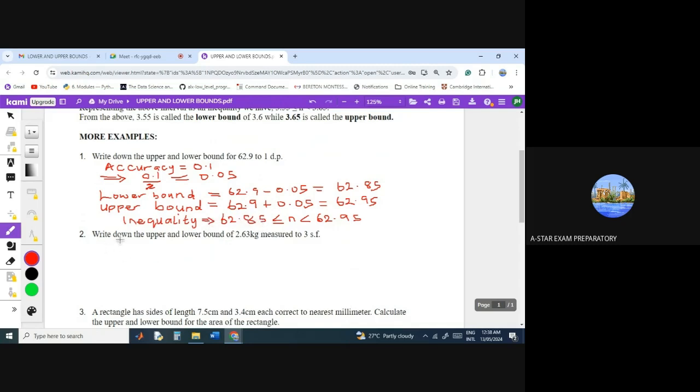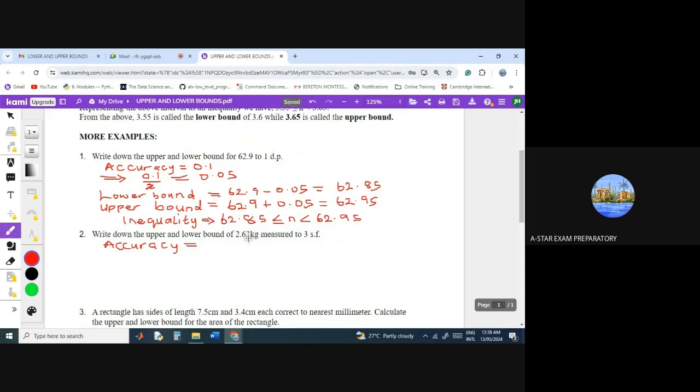Okay, let's look at number 2. We are asked to write the upper and lower bound of 2.63 kilograms measured to 3 significant figures. So measured to 3 significant figures, we can now, from that statement, write our accuracy: 1, 2, 3.